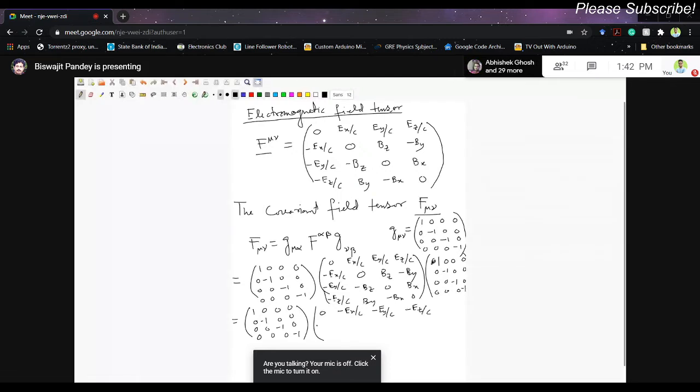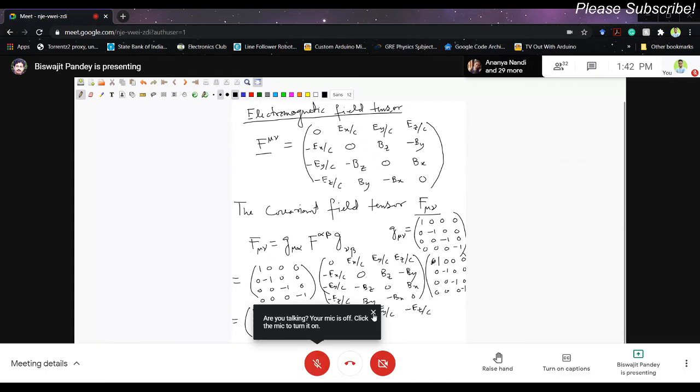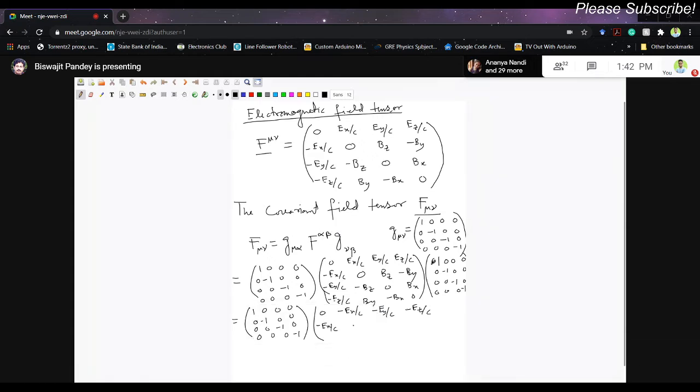This will be row column, right, minus x by c, this will be 0, this will be minus bz, this will be by, this will be minus ey by c, bz 0 minus bx, this will be minus ez by c, this will be minus by, this will be bx, this will be 0.